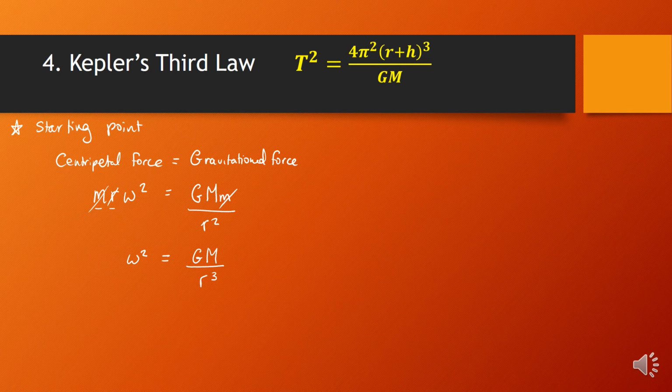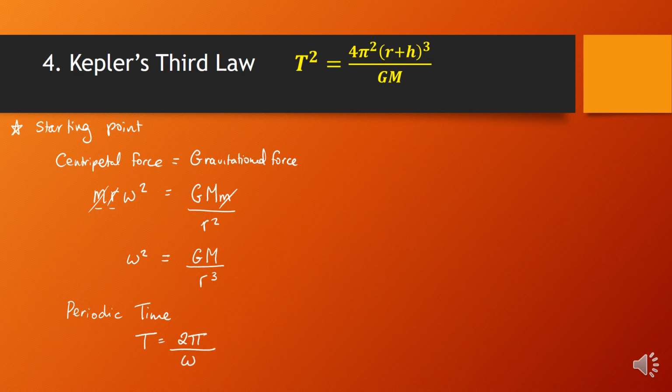Now we need to introduce T, the periodic time, and that was given by T equals 2 pi divided by the angular velocity, a full revolution.